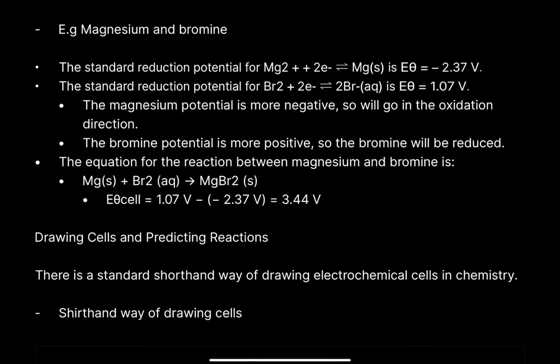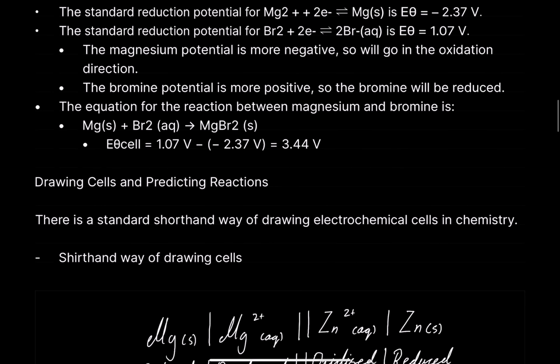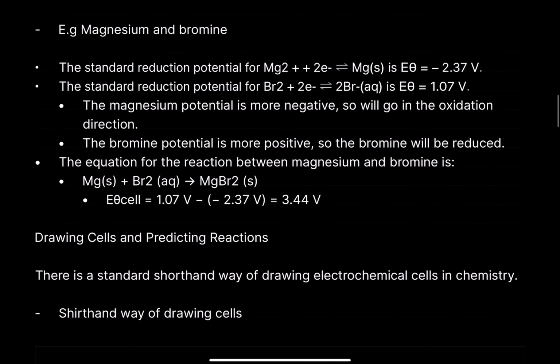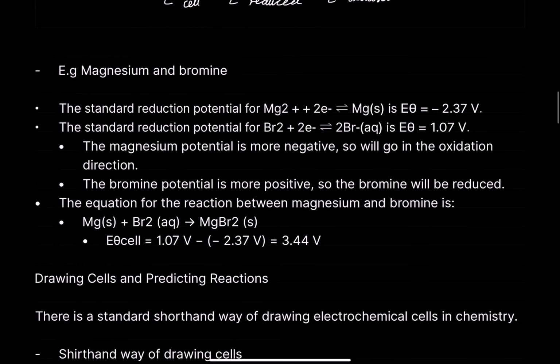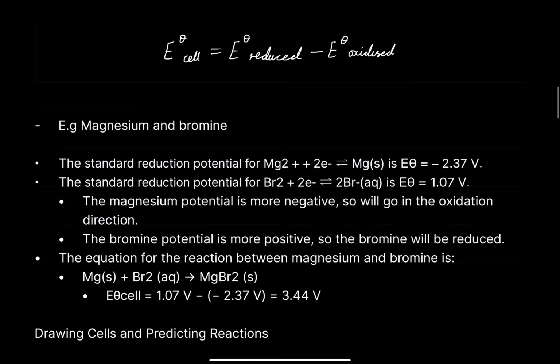You should understand how we got to this reaction from how I explained it a few seconds ago. The overall reaction is Mg solid plus Br2 goes to form MgBr2. The cell potential is the electric potential of what's being reduced minus the electric potential of what's being oxidized. So it'll be 1.07 volts minus minus 2.37, and minus a minus is just adding them together, and it's 3.44 volts.